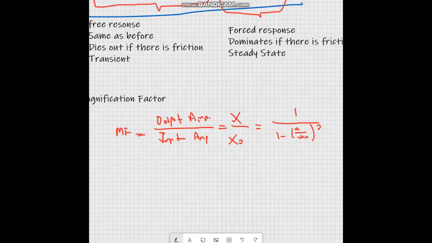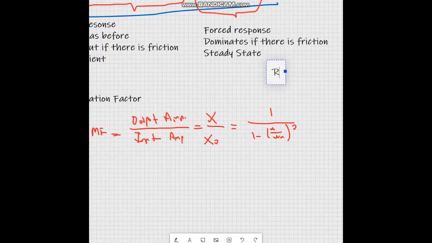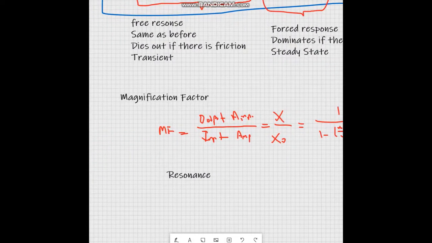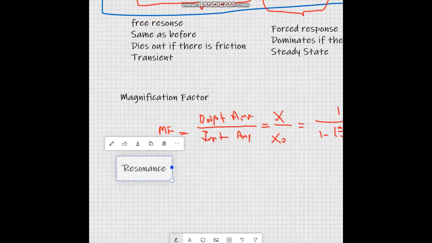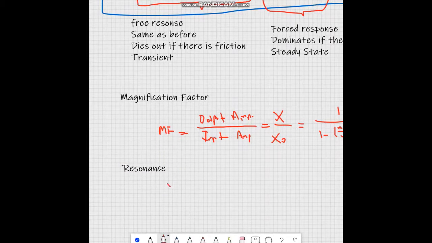And also we can have resonance. When we have resonance, when our omega 0 is equal to omega n, which means the natural frequency is equal to the initial frequency, we have resonance.